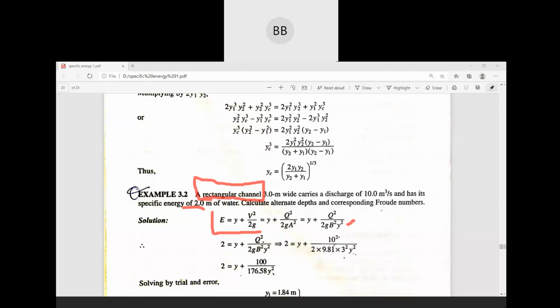Discharge is given as 10 meter cube per second, twice multiplied by 9.81, that is your acceleration due to gravity, multiplied by the width of the channel, which is 3 meter, so 3 square multiplied by y square. So you will be having one expression and one unknown, that is y.